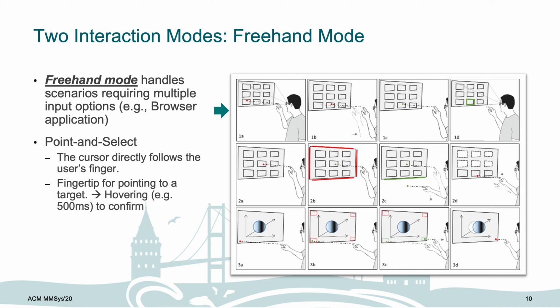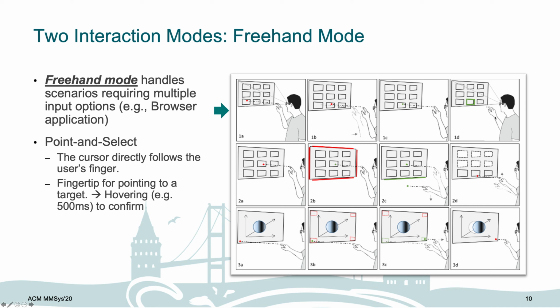In the system solution of UbiPoint, we have two modes of interaction. The first one is freehand mode. It is designed for handling scenarios requiring multiple input options. And our video just shows the freehand interactions in the text entry scenario, and the point and select operation in the first row of the figure here.